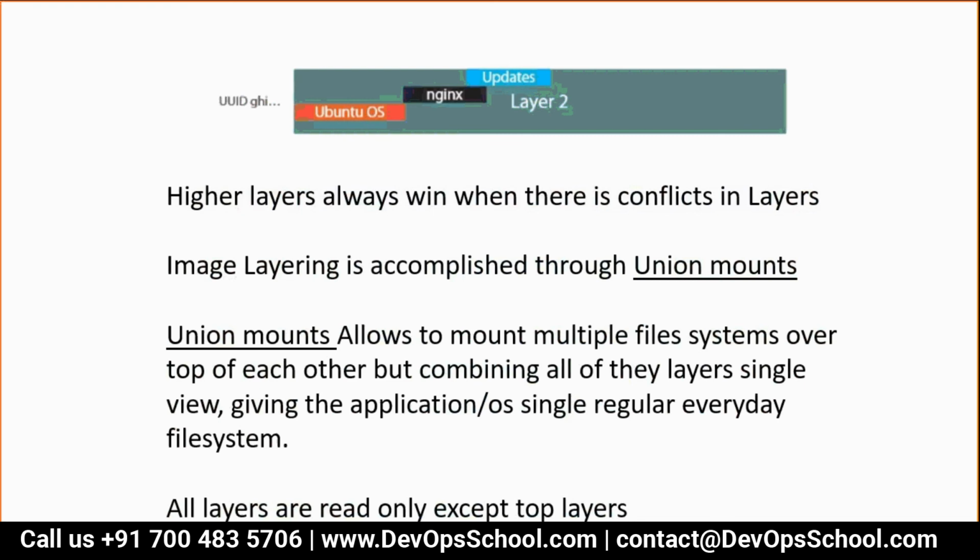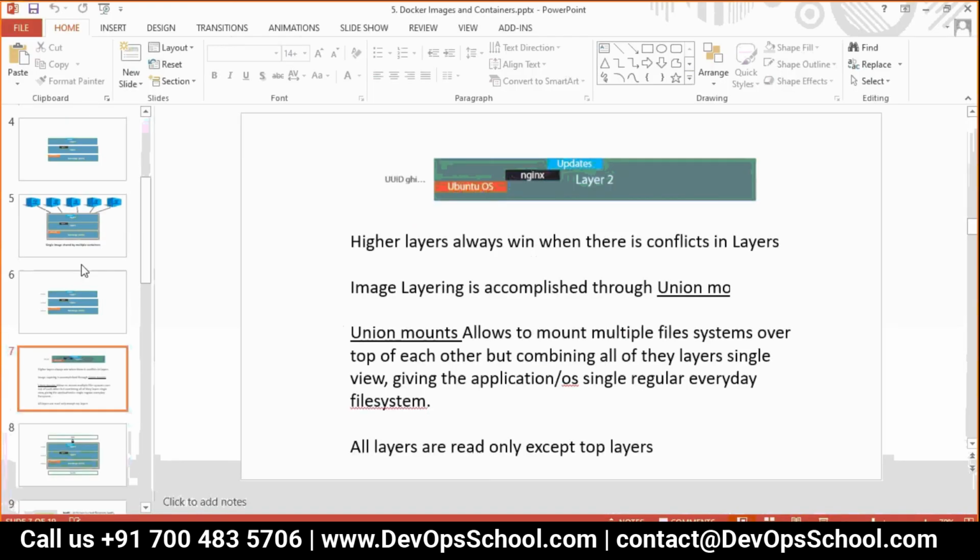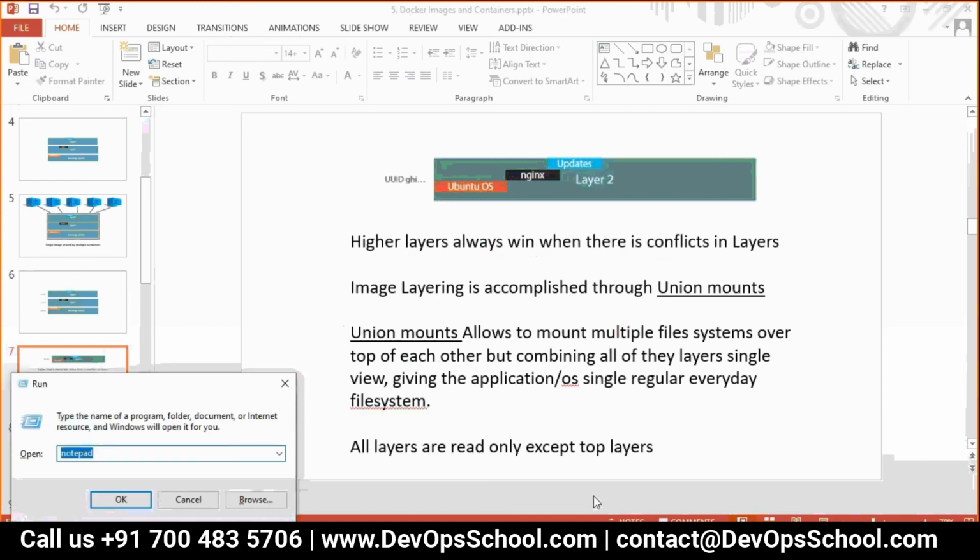Now, the first rule states higher layer always wins when there is a conflict in a layer. So when you have multiple layers, what happens? Let me go to MS Paint and help you understand.